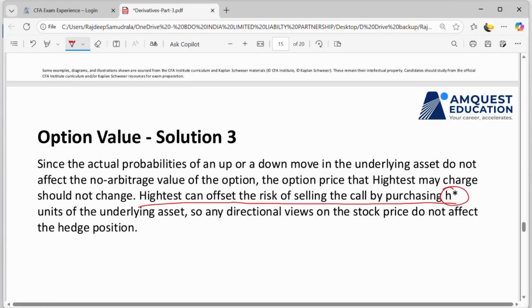So basically, the hedge ratio is protecting you against the worst case scenario, right? Any directional views on the stock will not affect the hedge positions. Why? Because in the hedge, I told you the difference between stock and the call, considering 20% up and 20% down. But if the actual probability is different, that will not change the hedge ratio per se, because the probability is not in the formula for the hedge at all.